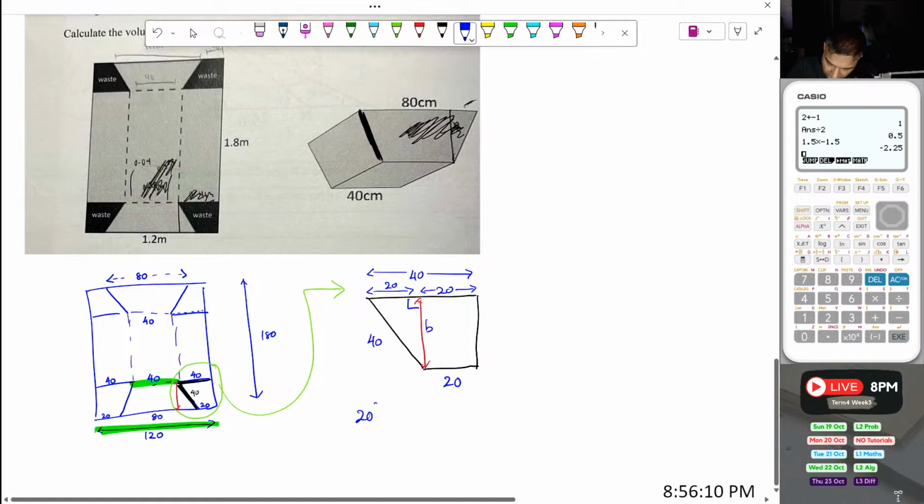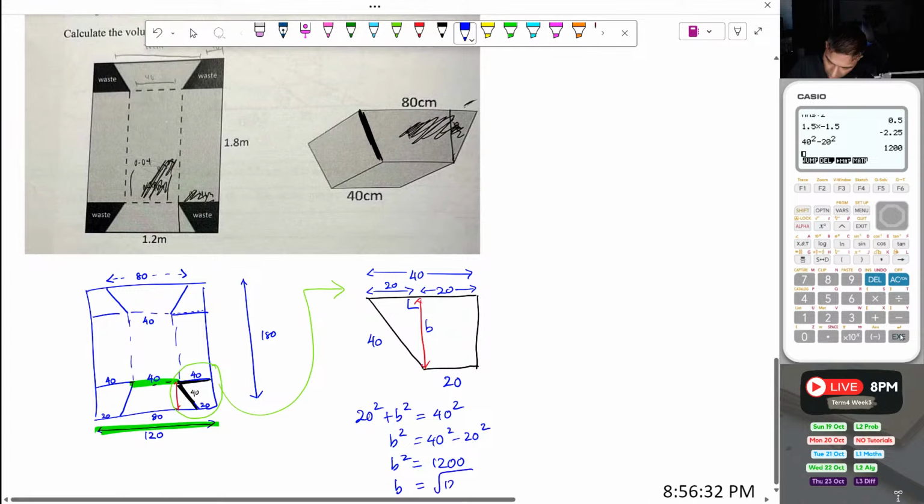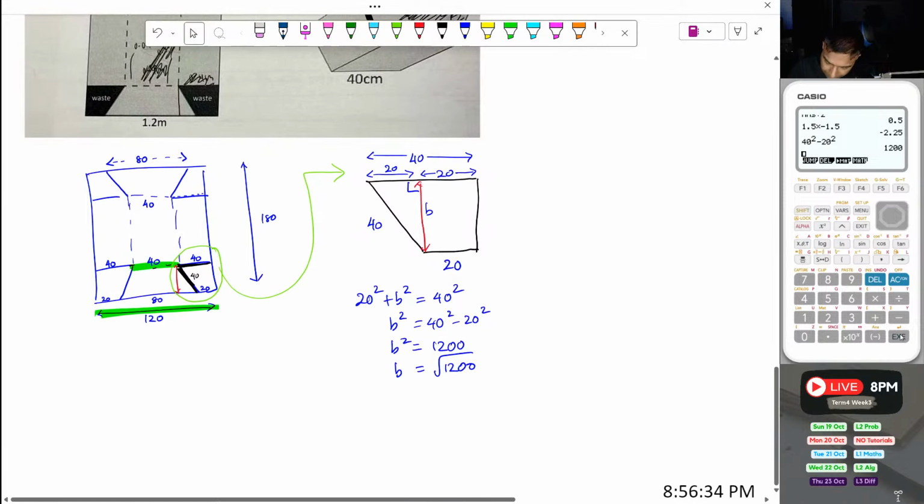Then I can say 20 squared plus B squared is equal to 40 squared. So B squared is equal to 40 squared minus 20 squared, which is equal to 1,200. So B is equal to the square root of 1,200.